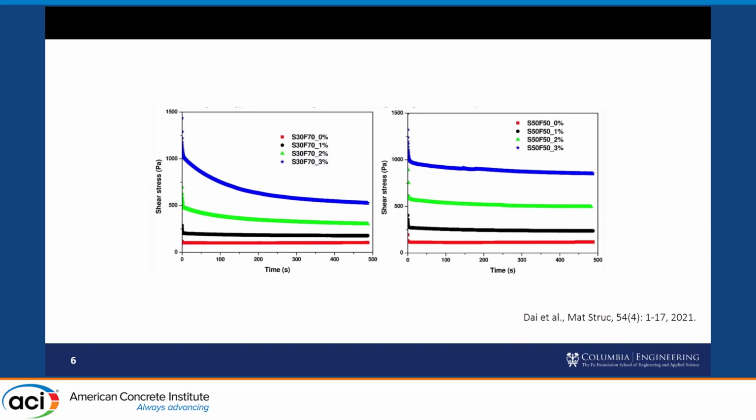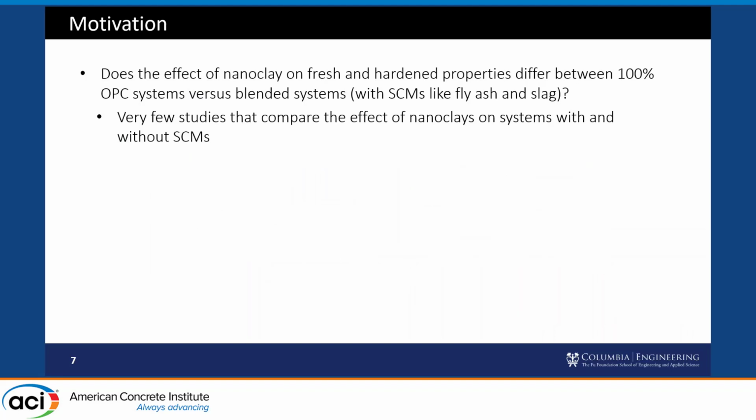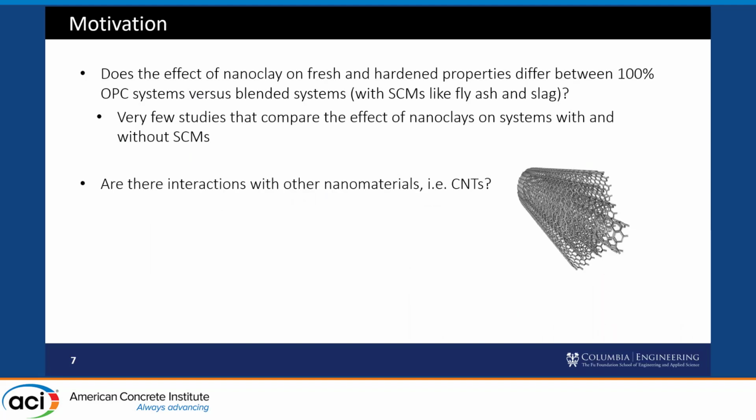The base mixes are indicated by the red line, so very close. The axes are consistent. But then as you add nanoclay, you see that the effect is very, very different. So there could be an effect of the binder system, and so we decided to look at this more carefully as well.